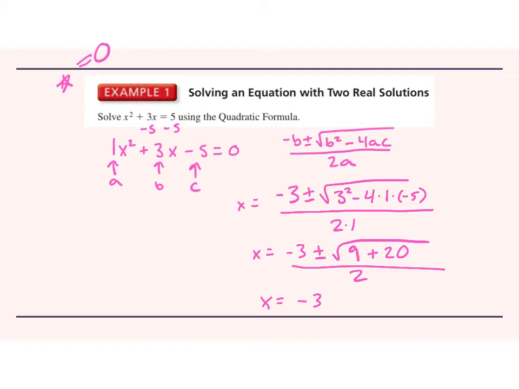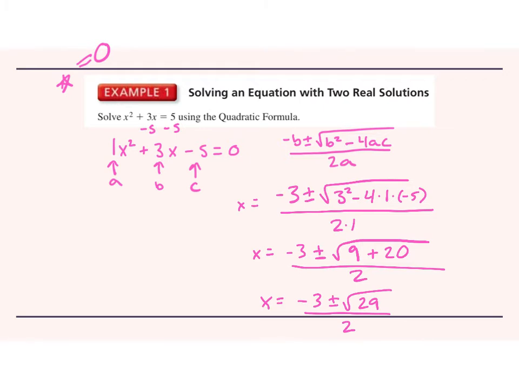So we have negative 3 plus or minus the square root of 9 plus 20, which is 29, over 2. Now, we need to find the factors of 29 to see if we can simplify this more. 29 is prime, so we can't simplify.